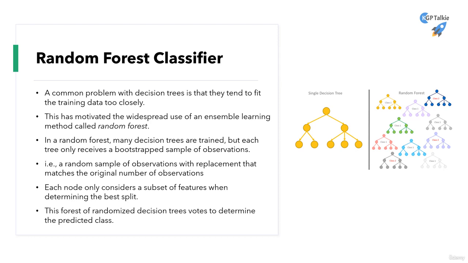Alright, so this forest of randomized decision trees votes to determine the predicted class. That means, let's say for a particular dataset, you have created a large number of decision trees, which is ultimately known as a forest of decision trees, and then it is known as a random forest. Let's say these are the trees.